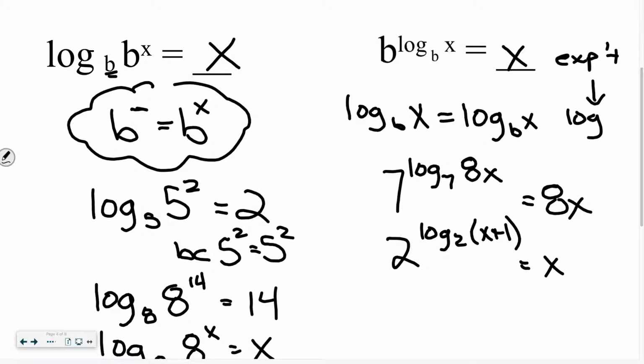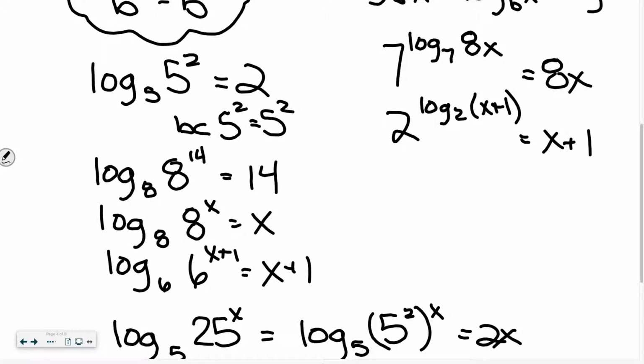X plus 1. E to the natural log of 5. 5. Because what is the base of this natural log? There's a secret E right there that you don't have to write. So then they cancel, and it's 5. Okay? That's all they are.